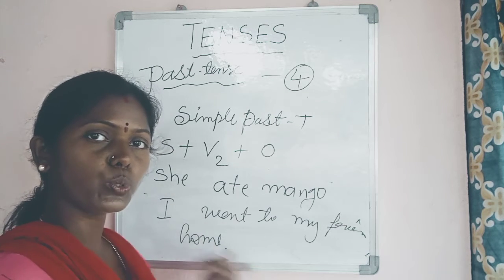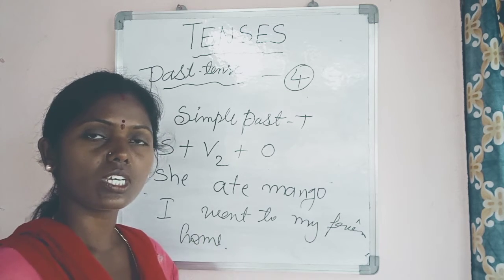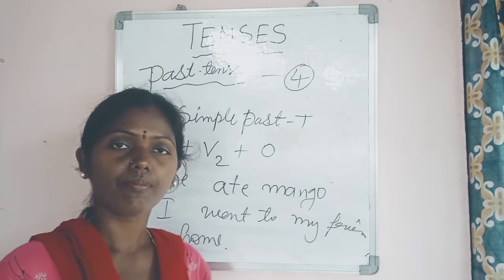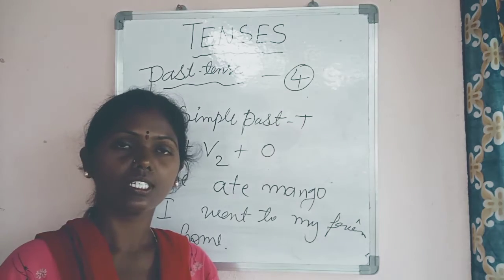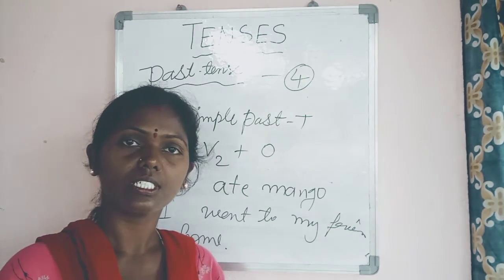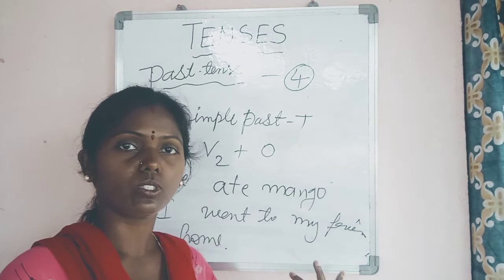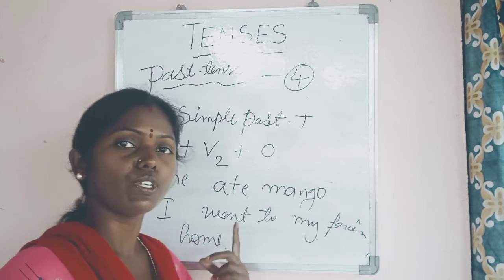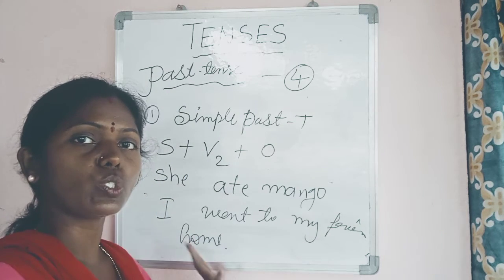So we have to use I went, I ate, I brought, I drank water. These are all V2 forms. We have to use V2 with subject and object.